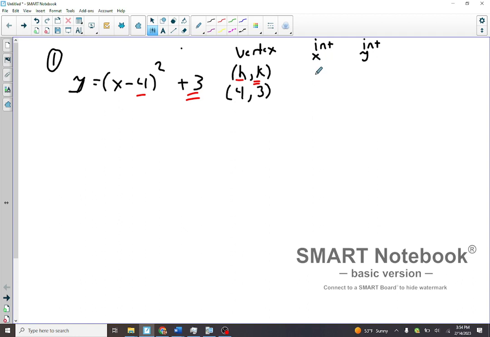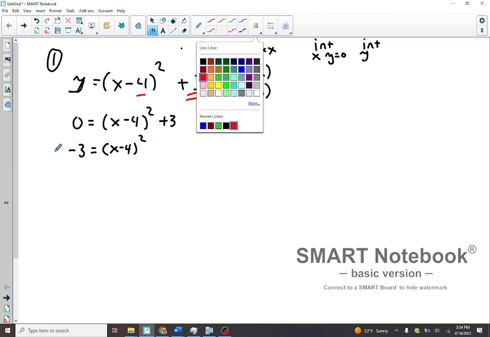Second part is the x-intercept. When you look for the x-intercept, that means y equals 0. So I'm going to plug in 0 here. 0 equals (x - 4)^2 + 3. So I subtract 3 on both sides. Then I would square root both sides. But what happens when I square root?